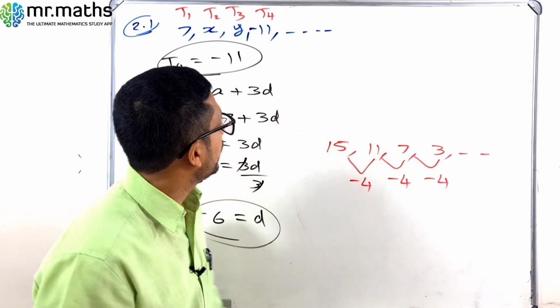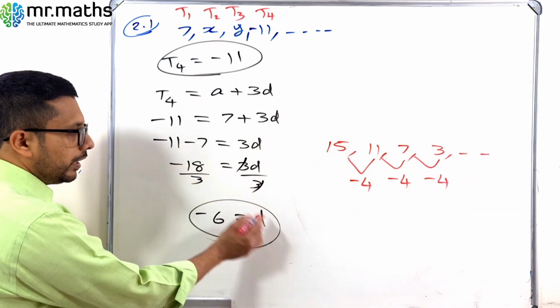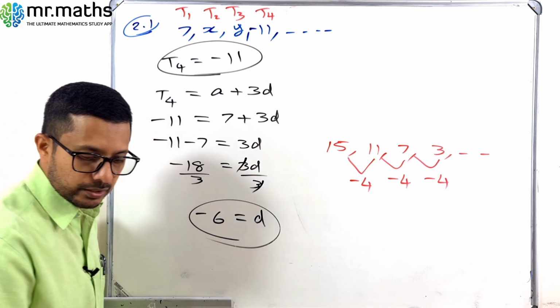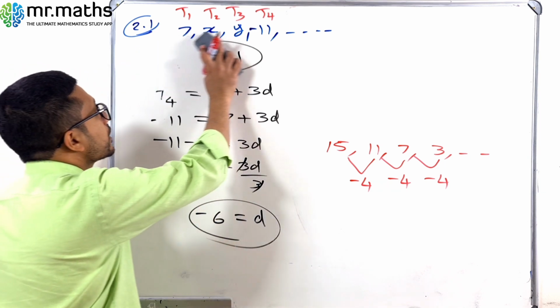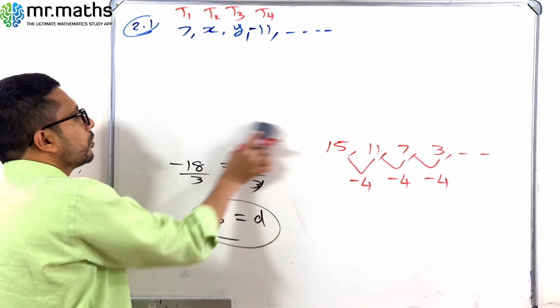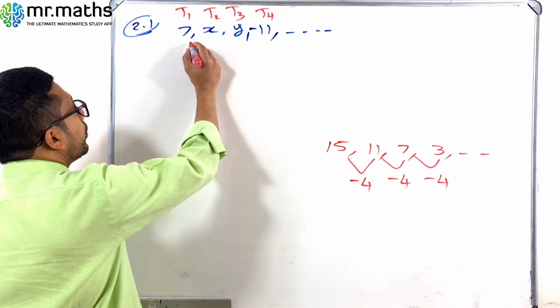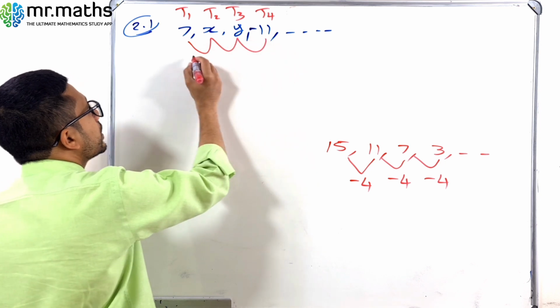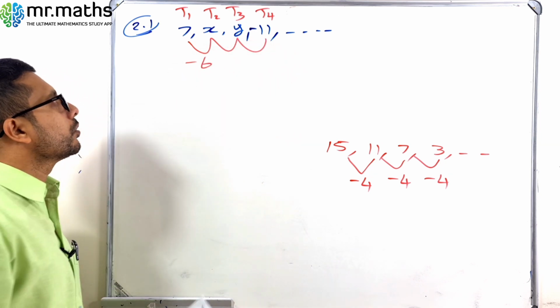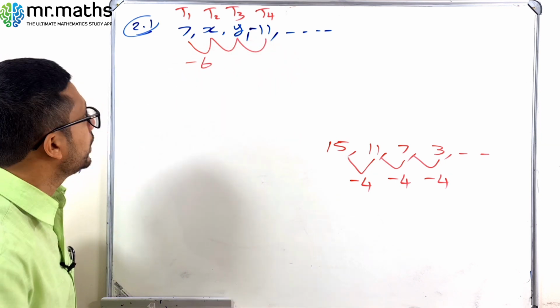Okay. Similarly, what is the value of d we got? Minus 6. That means the common difference is minus 6. So here, what is the common difference? It is minus 6. So how can I find the value of x here, guys?